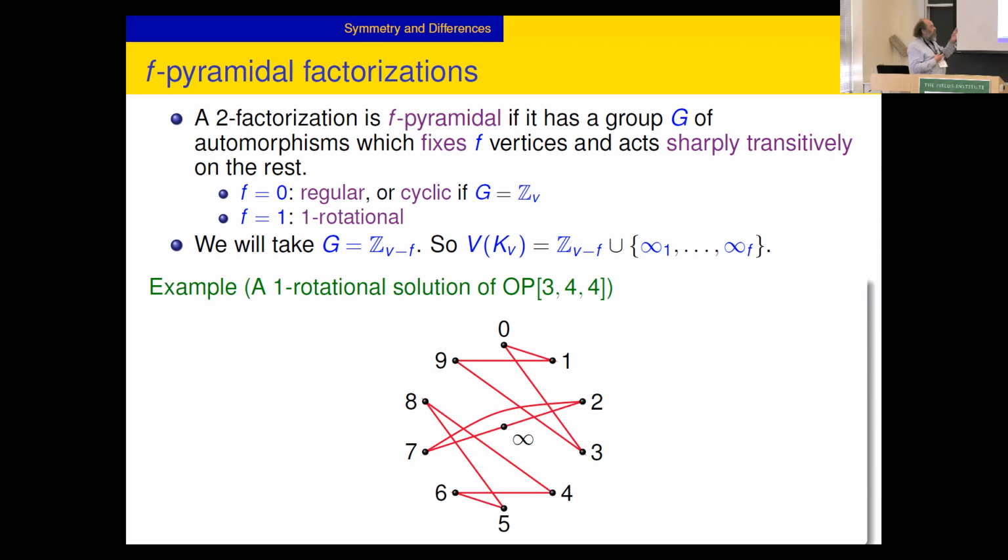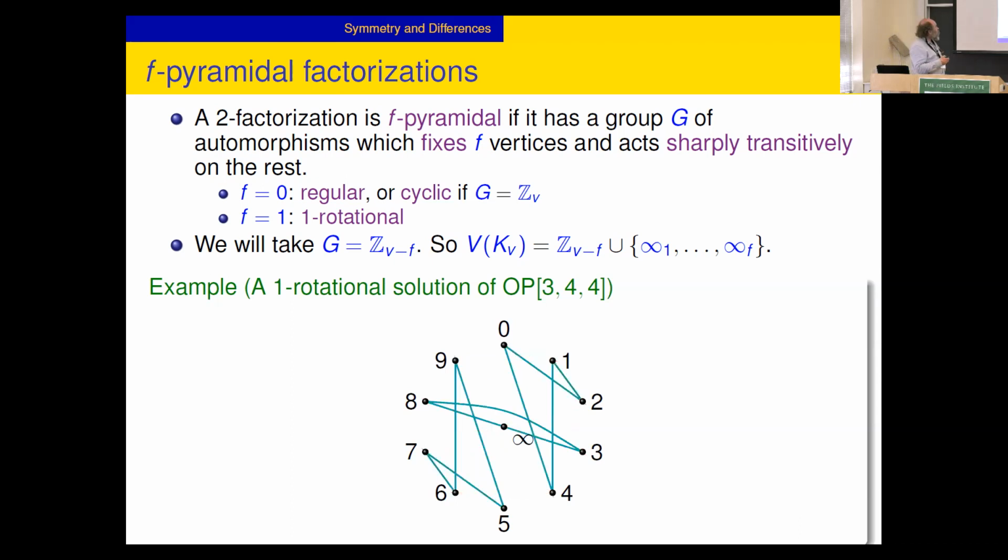So the classic ones are when F is 0, that's cyclic, or well, regular cyclic if it's the cyclic group. And if F is 1, it's 1-rotational, so 1 fixed point. And this example here shows you a fixed point solution. Okay. We can also, of course, talk about 2-pyramidal, and we'll talk about that in a minute.